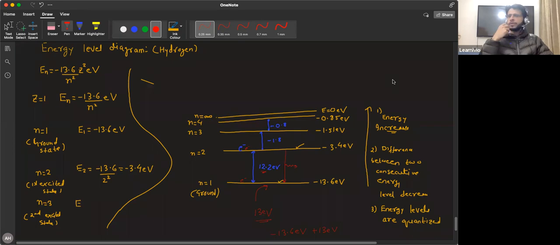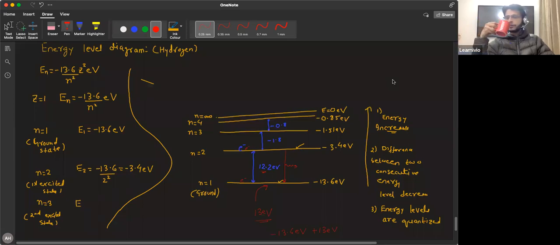Energy and frequency are related: E is equal to h nu, or hc by lambda. So write, only those frequencies which correspond to the difference in its energy levels. It can absorb only those energies or frequencies which correspond to the differences in energy levels.